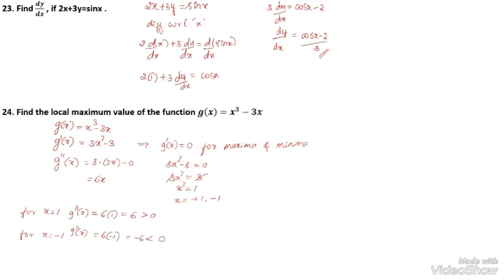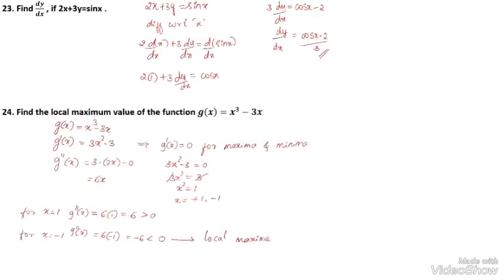This is less than 0. Therefore, by the definition of the local maxima, if g double dash of x is less than 0, then it is the local maxima. Therefore, this is the local maximum of the given function.